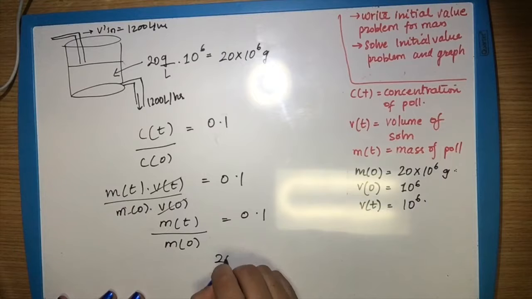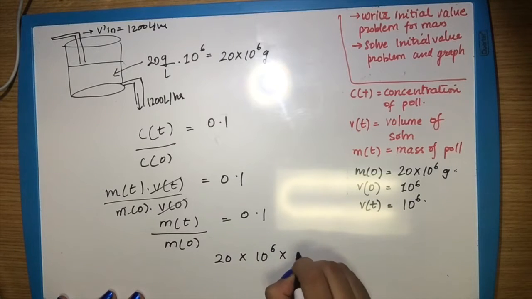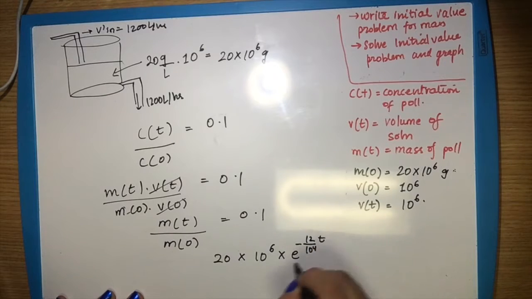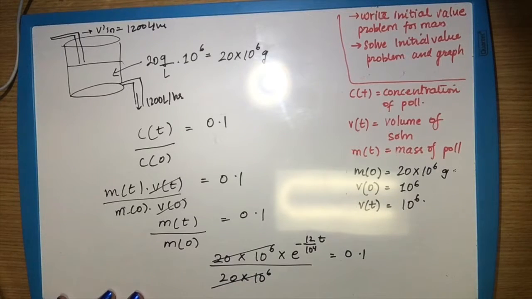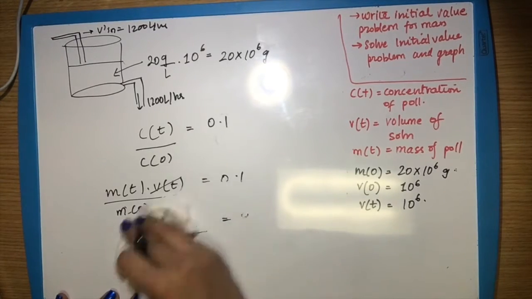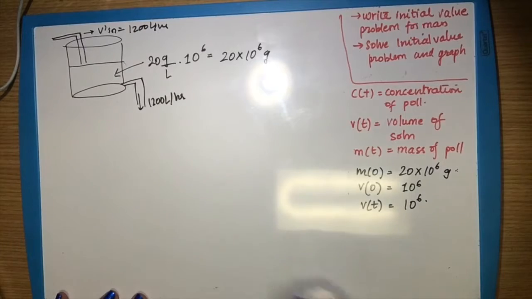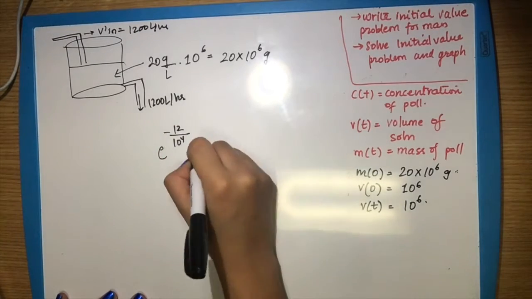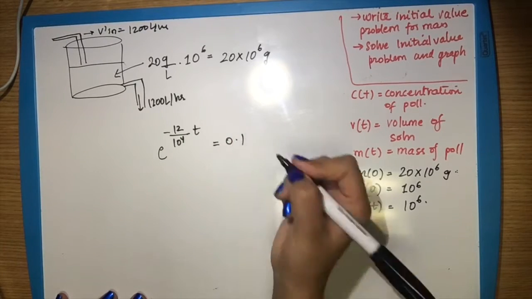And so 20 times 10^6 times e raised to minus 12 over 10^4 t, over 20 times 10^6, is equal to 0.1. These cancel out, and so writing this out neatly once again, we get e raised to minus 12 over 10^4 t is equal to 0.1.